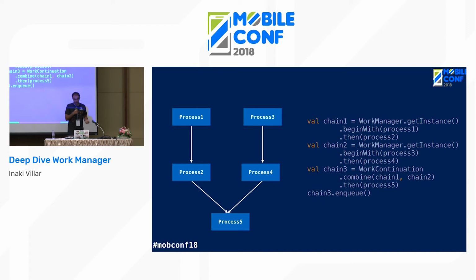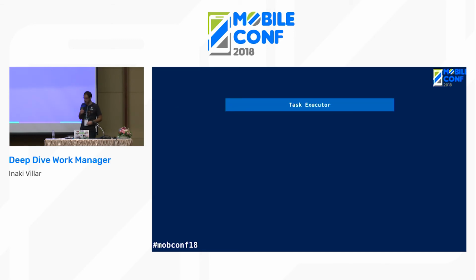So it's quite flexible, I think, and you can do whatever you want. Here there is this class, WorkContinuation. WorkContinuation is only a composition class, only for one-time work requests to work together. Okay, a little bit more advanced.